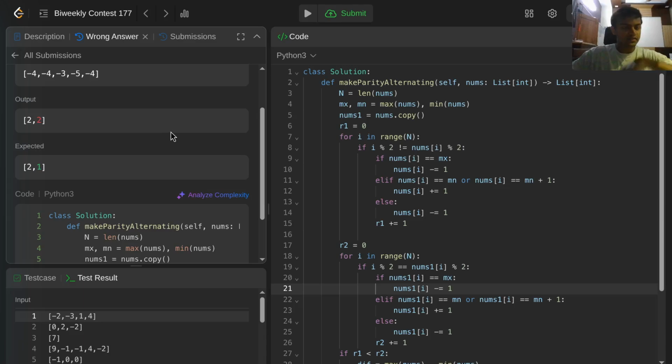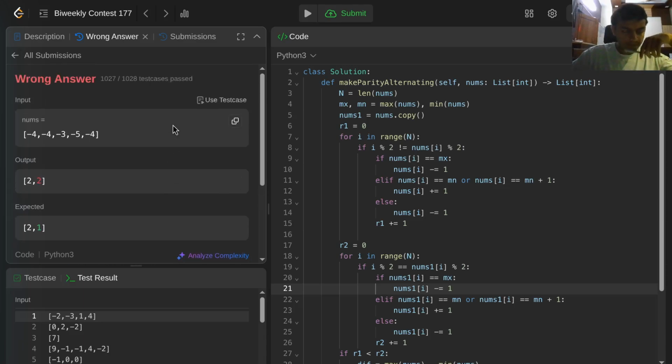These stupid edge cases, yeah. Let's think this through. Okay. So minus 4, minus 4, minus 3, minus 5, minus 4.